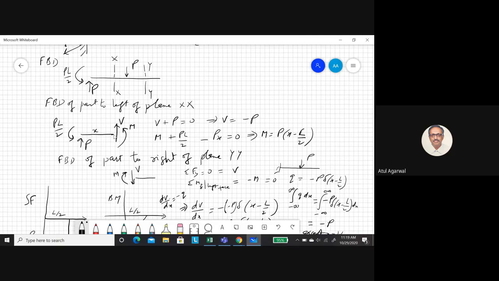You see this face at the right-hand side has a normal vector in positive X direction. So positive direction of shear force will be upwards, and positive direction of bending moment will be counterclockwise.